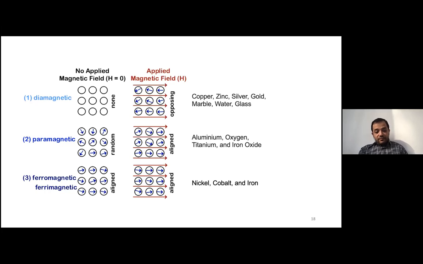And we also have ferrimagnetic, which is similar, but the magnetic behavior is seen when a material has magnetic moments aligned with the magnetic field, but in an opposite direction. And that is a ferrimagnetic material.